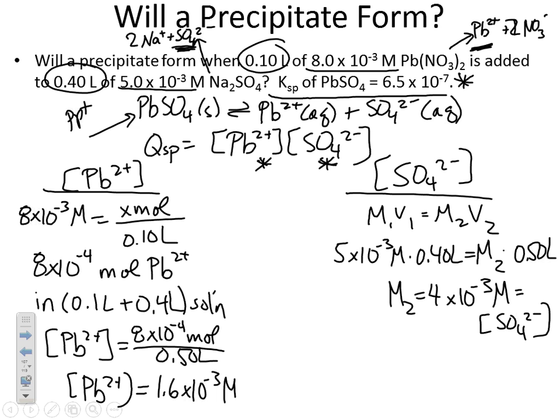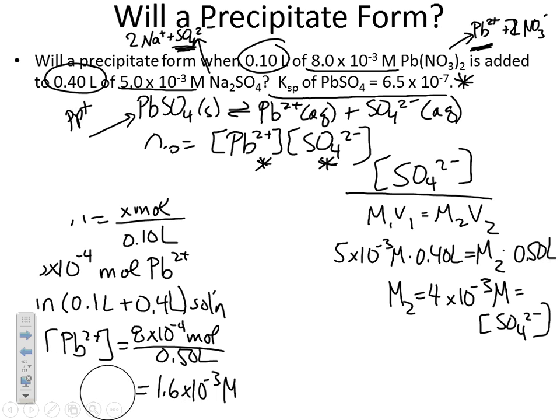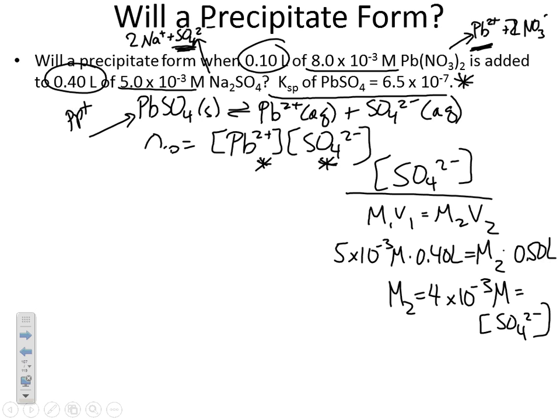I have to erase some of that, but those are the values that we're now going to plug into the Q expression and then compare it to K. So QSP, simply taking those values, is going to be 1.6 times 10 to the minus third times 4 times 10 to the minus third.